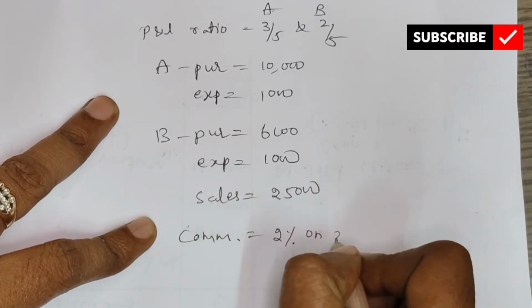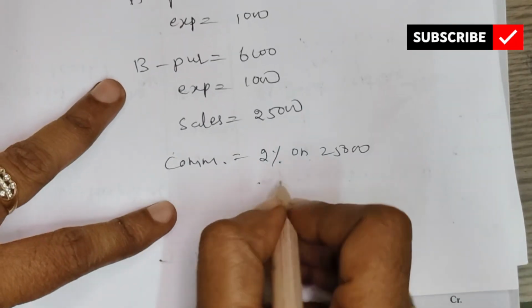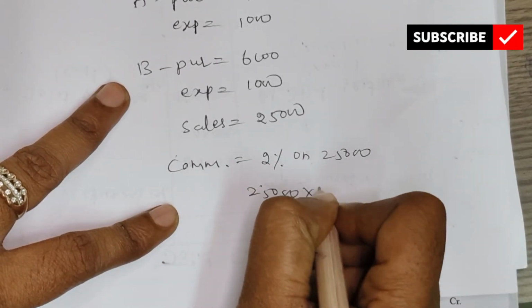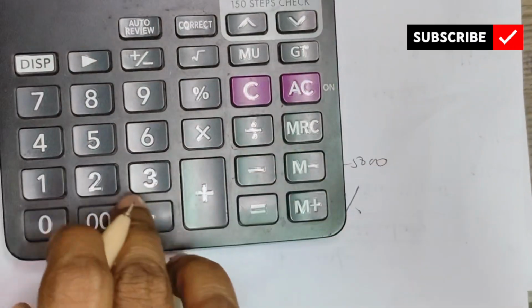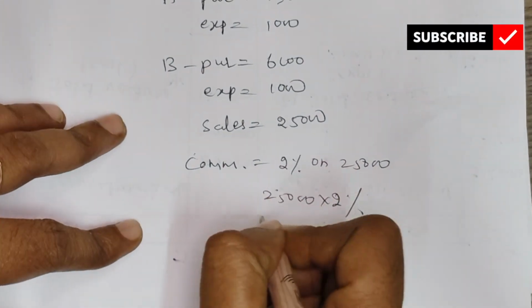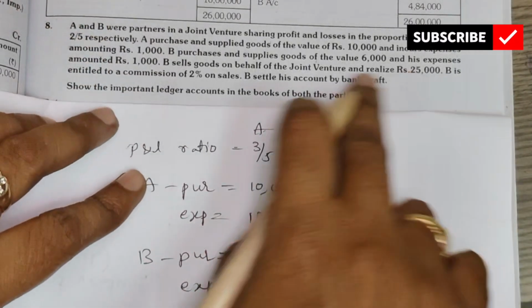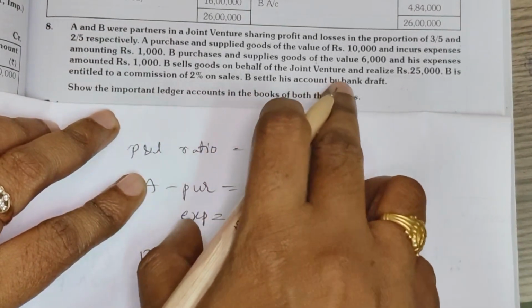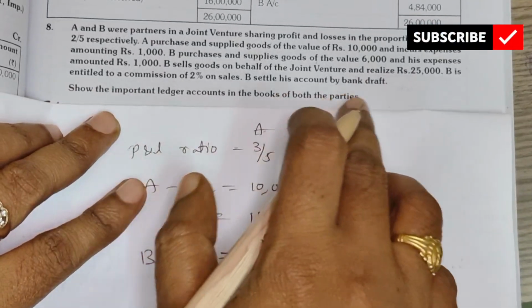How much sales are there? 25,000. So 25,000 into 2% is 500. So B's commission is 500. And B settled his account by bank draft. Show the important ledger accounts in the books of both the parties.